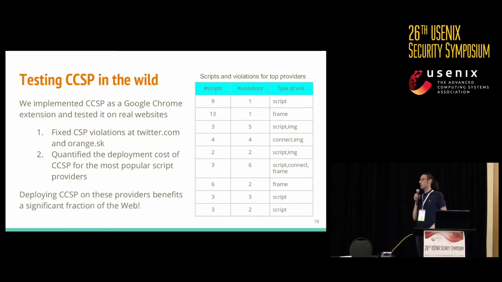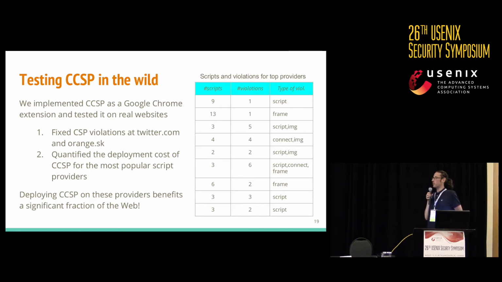We also managed to implement CCSP as a Google Chrome extension, and we tested it on some real websites. In particular, we used our prototype to fix some CSP violations at twitter.com and orange.sk, which were in particular the one about Orange.sk.